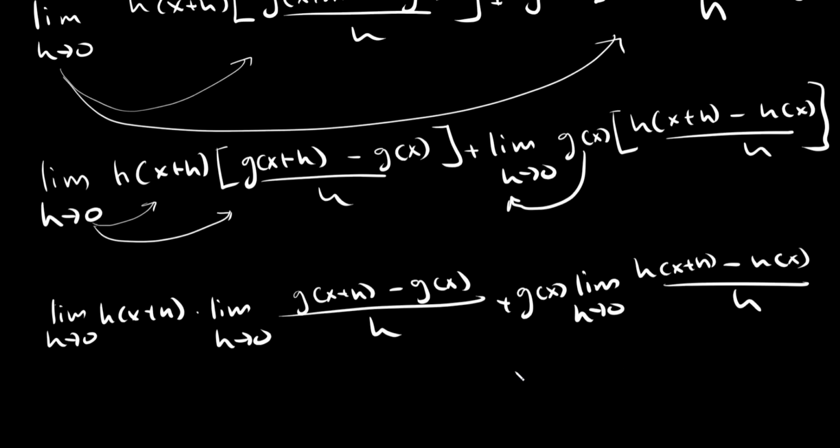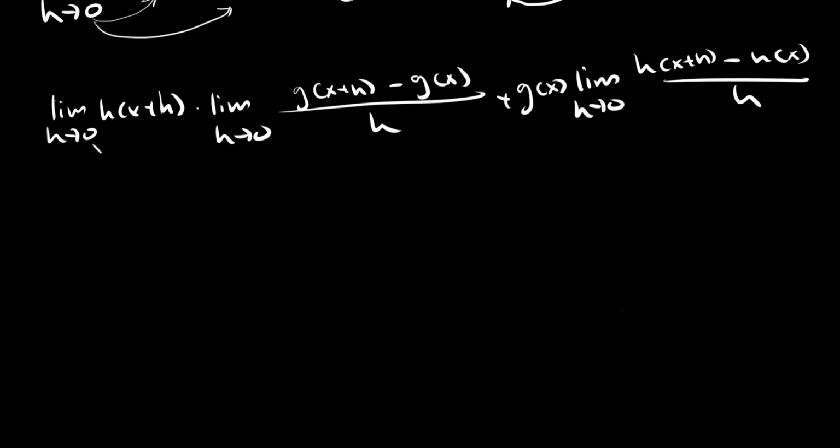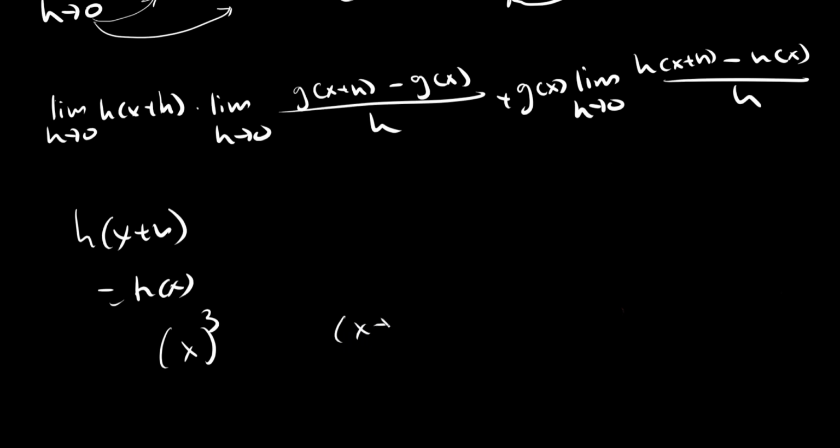Here, if I evaluate my limit for my h of x plus h, I'm gonna get h of x. The reason for that is, let me just take any function, x to the power of 3. Let's take x plus h to the power of 3. Well, I'm plugging in h, h goes to 0, it's going to be just x to the power of 3.